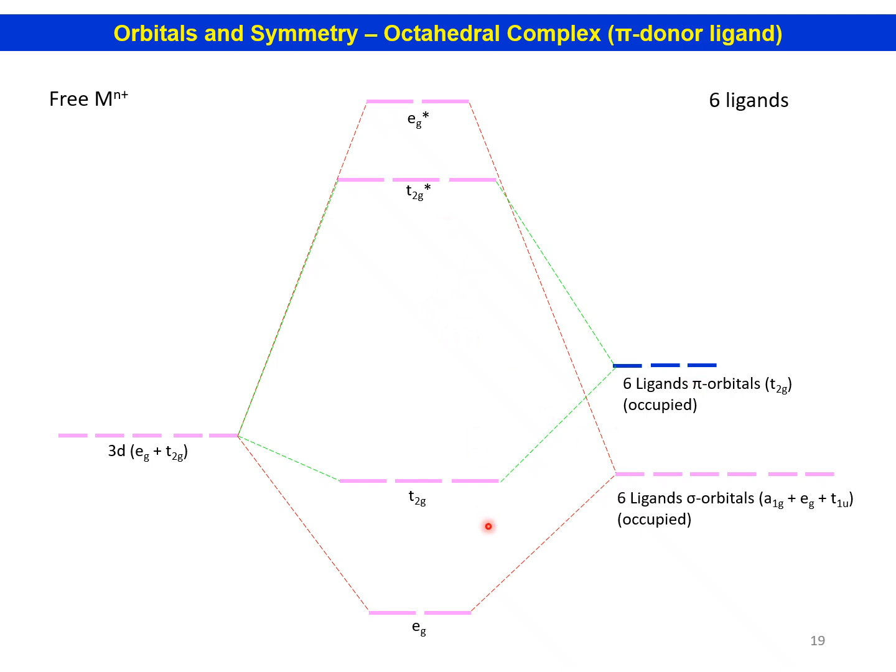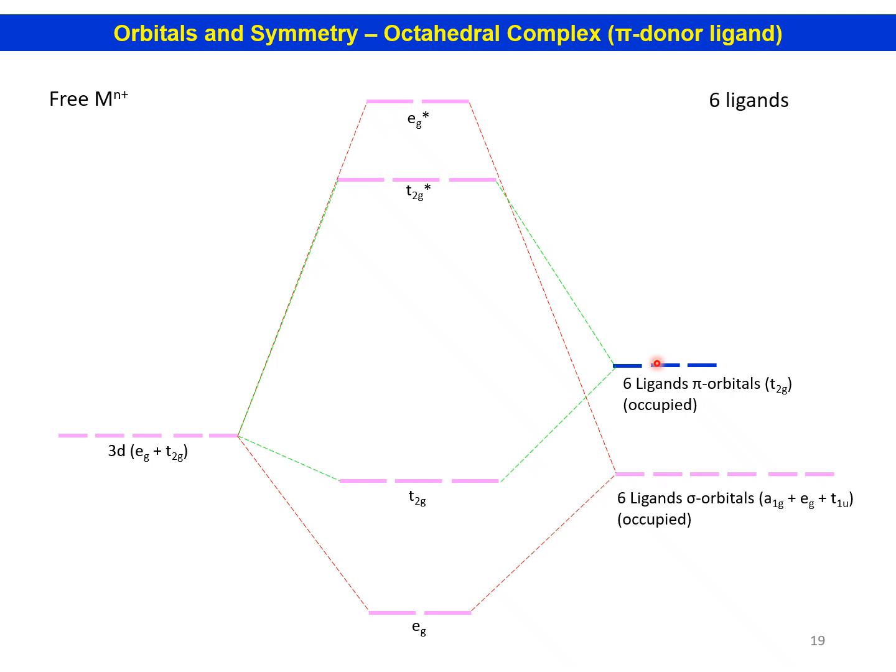This t2g splitting into t2g and t2g star is derived from the d orbital of the free metal ion and also from the occupied pi orbitals of the 6 ligands. So what is the main difference here?